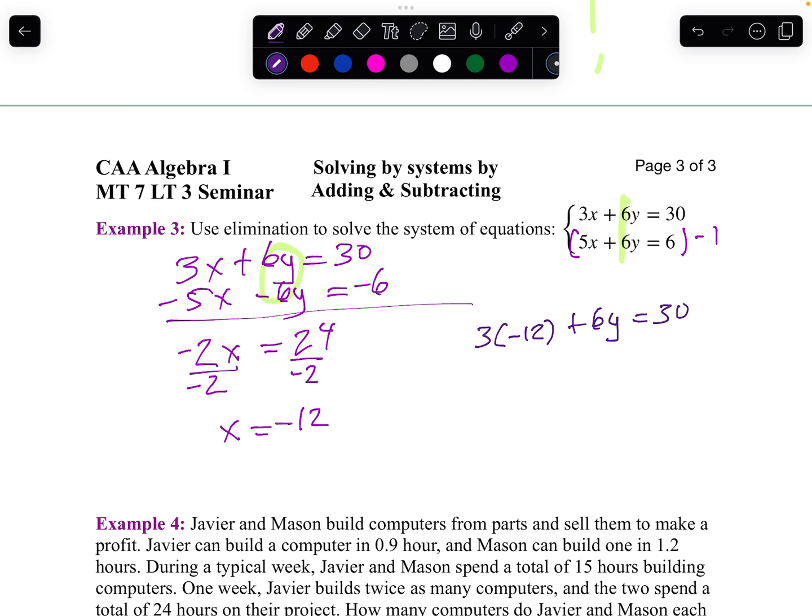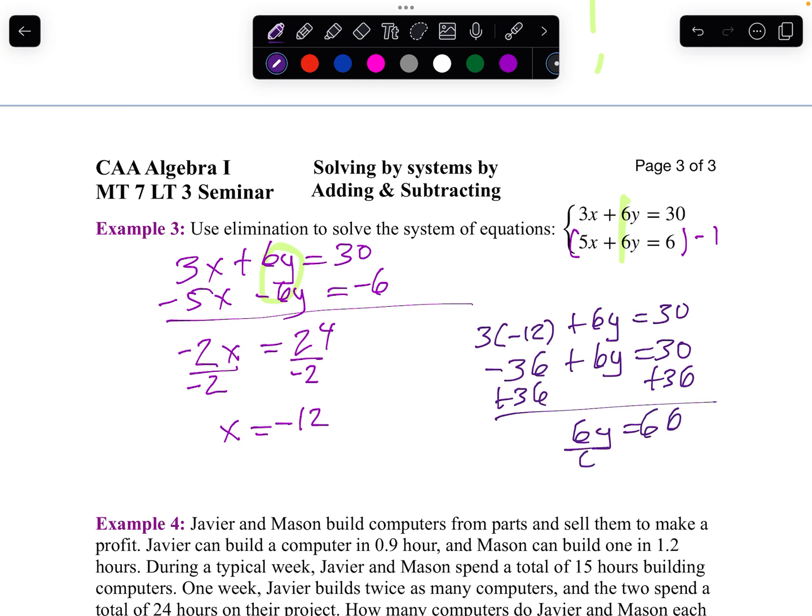So 3 times -12 is -36 plus 6y equals 30. We're going to add 36 to both sides. 6y equals 66. Divide by 6. Y is 11. So we'll say -12 and 11 is our solution.